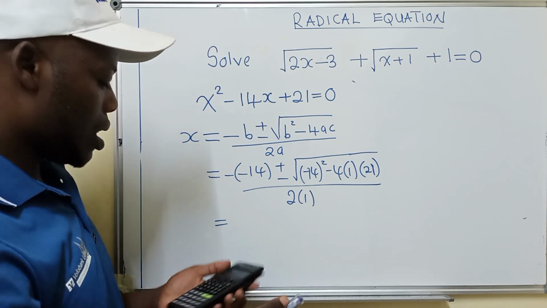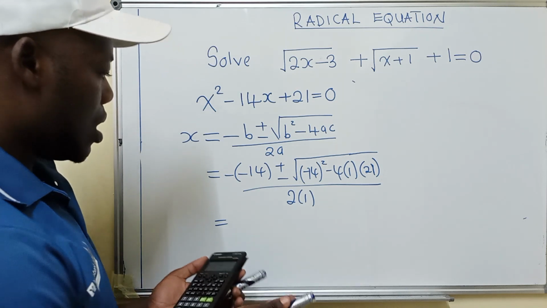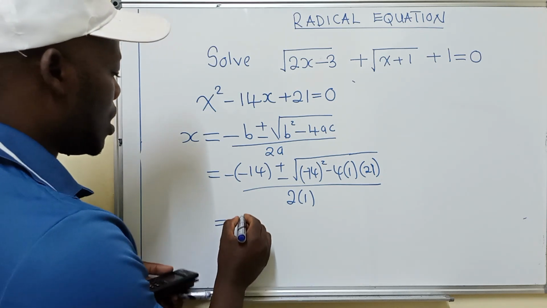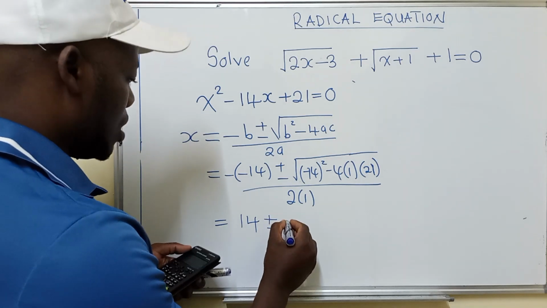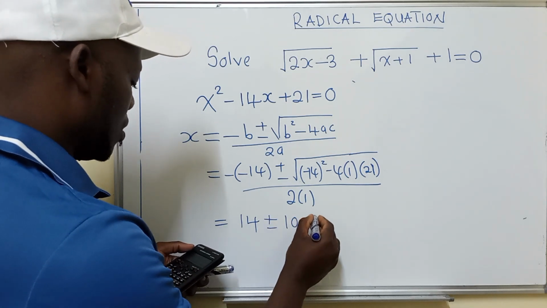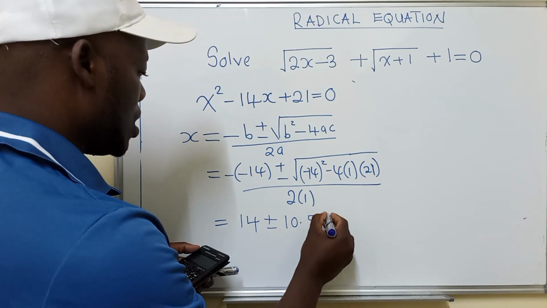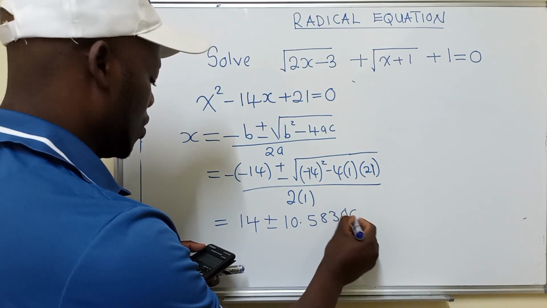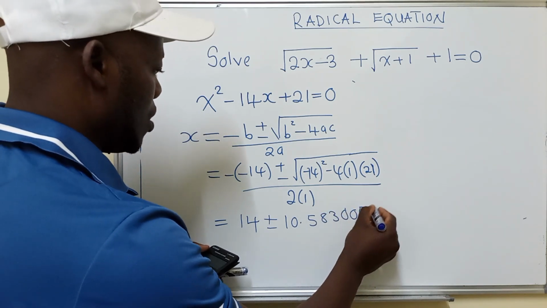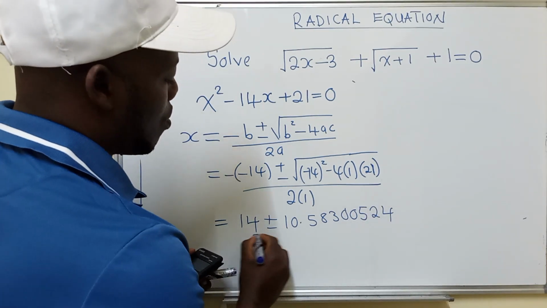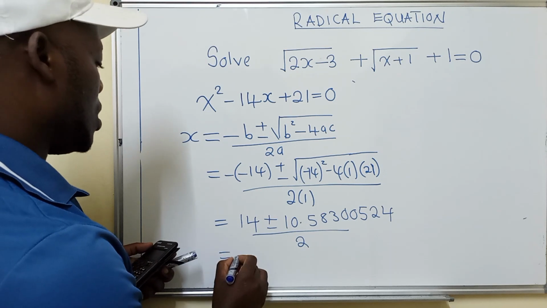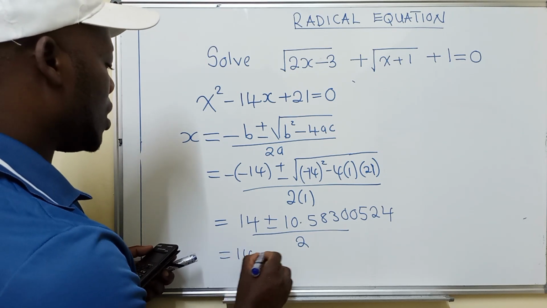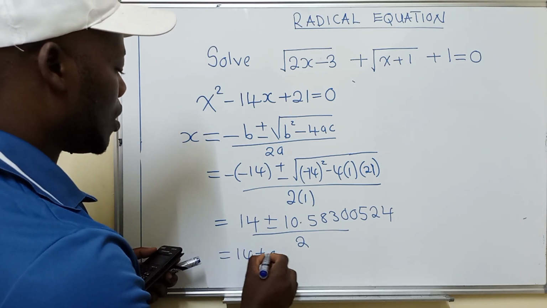We are getting here 14 plus or minus 10.583000524 over 2. So now remember we are expected to have two answers.